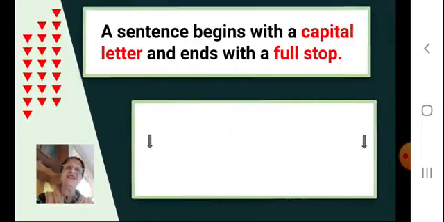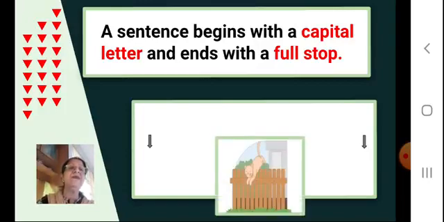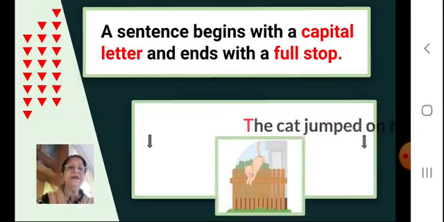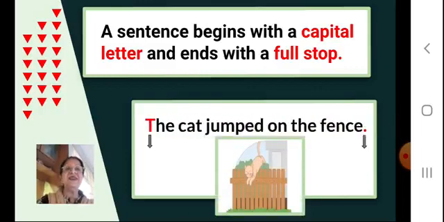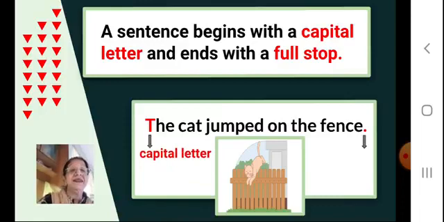Now, a sentence begins with a capital letter and ends with a full stop. I will show you some examples. Here you can see a picture and the sentence is, The cat jumped on the fence. Here again the sentence is starting with a capital letter. So T is the capital letter and the sentence is ending with a full stop, right?